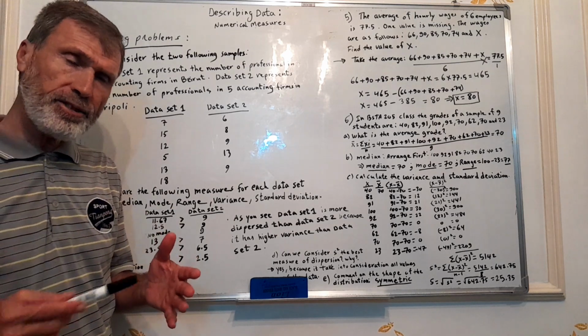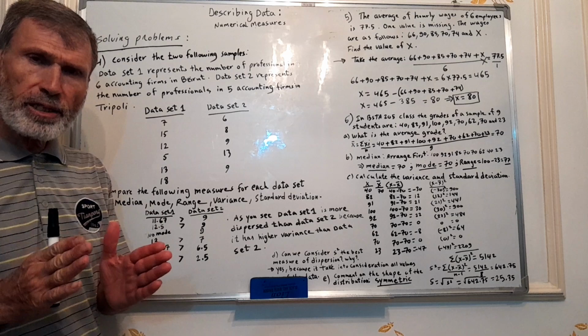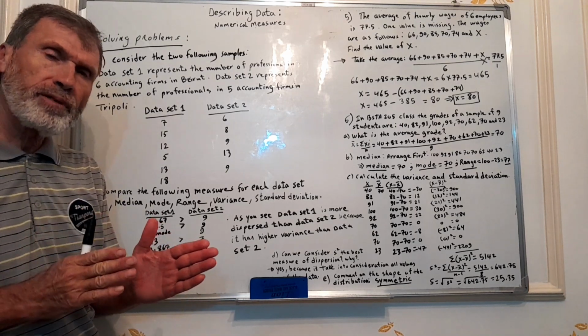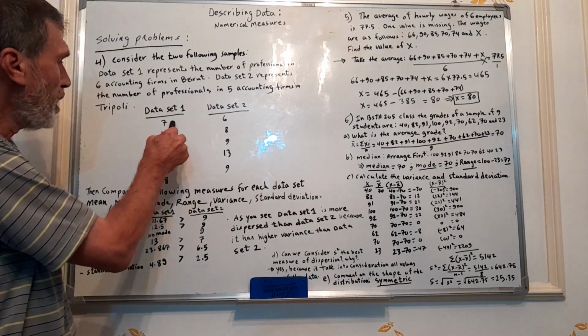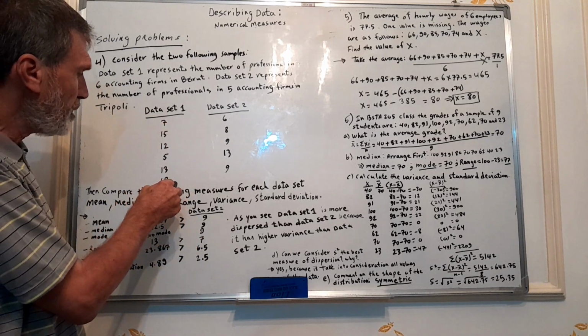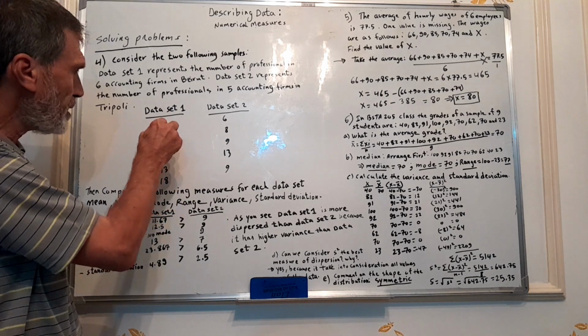Of course, the range is calculated by subtracting the lowest value from the highest value. So over here, the lowest value is 7, and the highest value is 18. All we have to do is 18 minus 7.